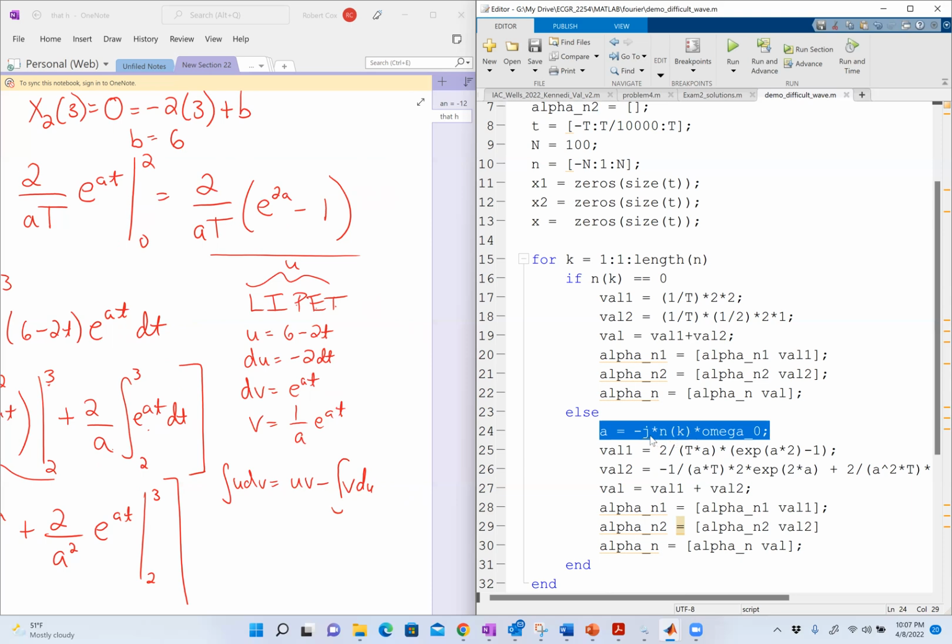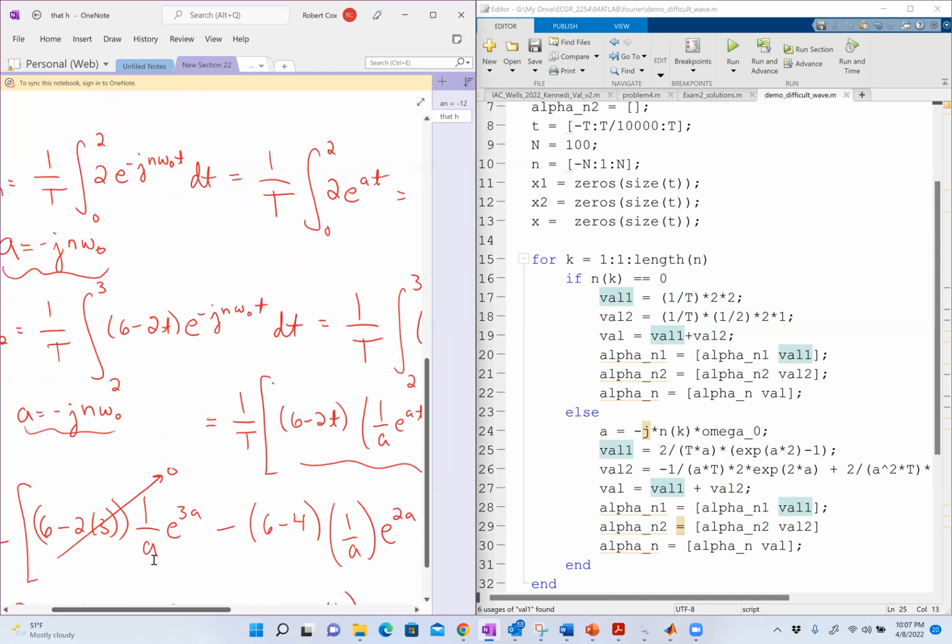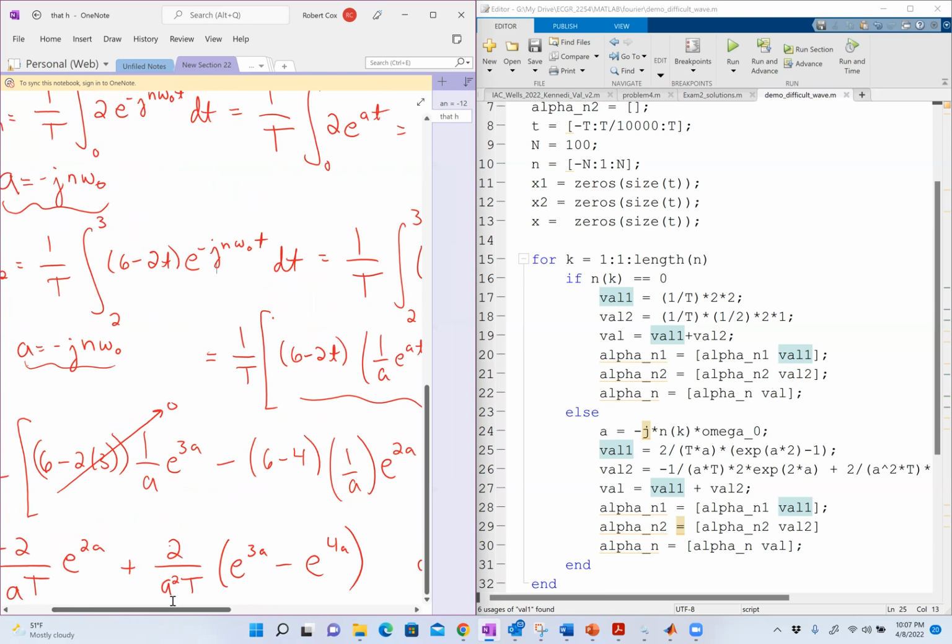So I do -j times n of k times omega 0. Then val1 is my alpha 1 value, so I use this formula that I have over here: 2 over a times t times exponential of a times 2 minus 1. And then val2 is my alpha 2 value, so that ended up here.